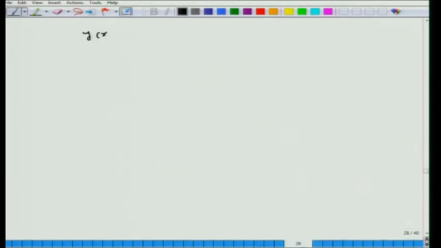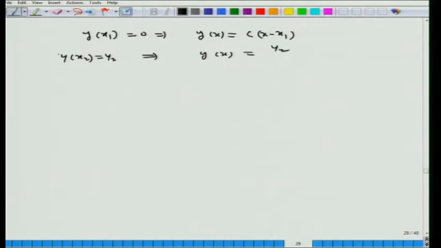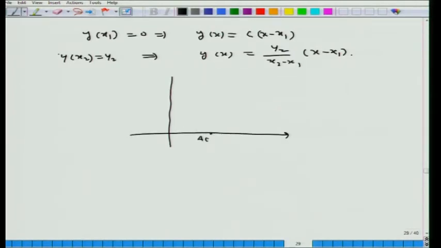Now y at x1 equal to 0 implies that y(x) equals some constant times (x minus x1), and y at x2 equals y2, which is positive. So this will imply that C must be equal to y2 over (x2 minus x1), and so we get these extremals like this. These are depicted here. This is the point A, which is (x1, 0), and these are the straight lines.